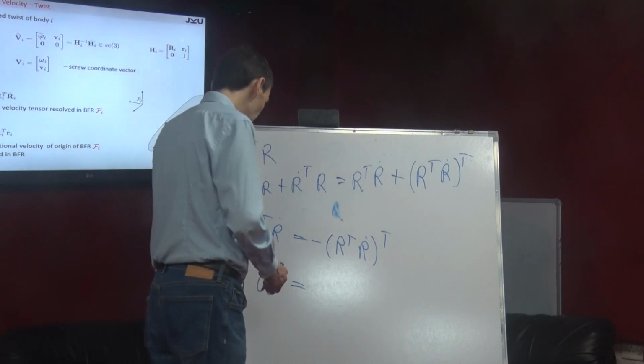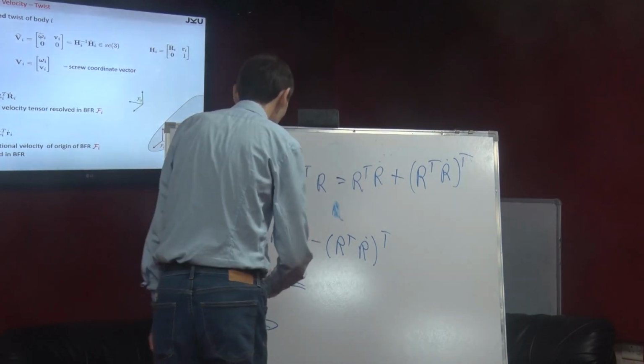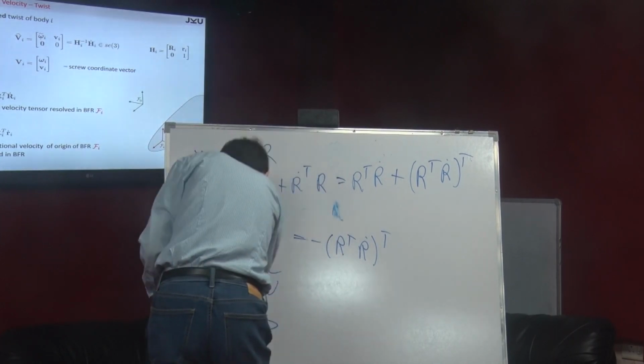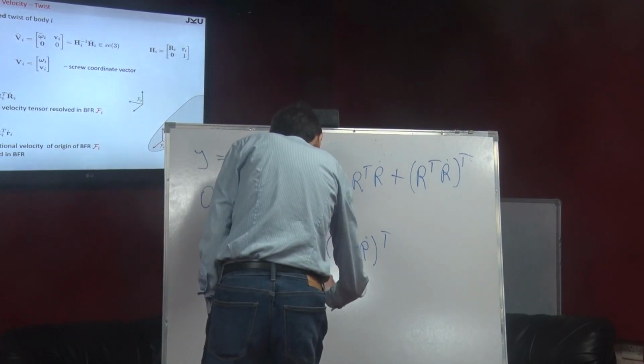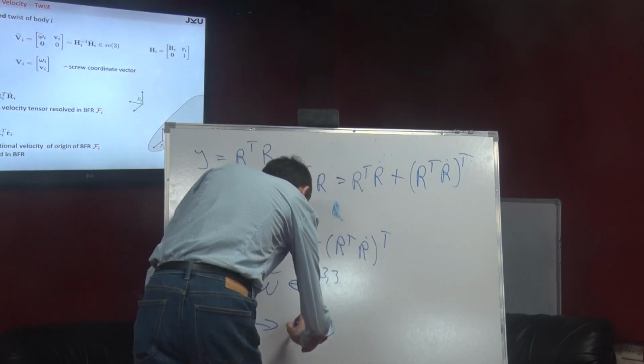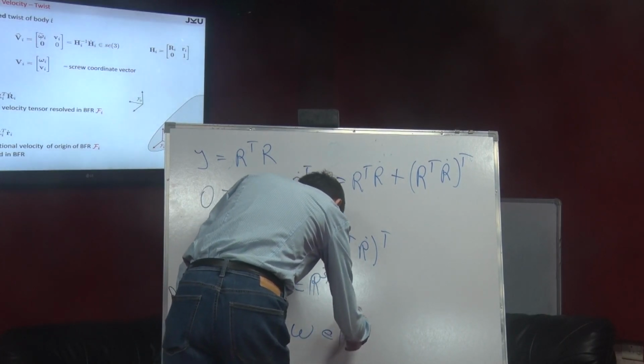So we can construct this as an element of the skew-symmetric matrix space, and you can extract, of course, the vector omega, which is the free vector.